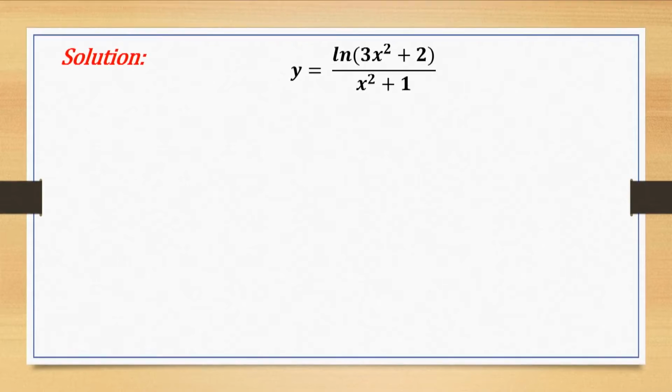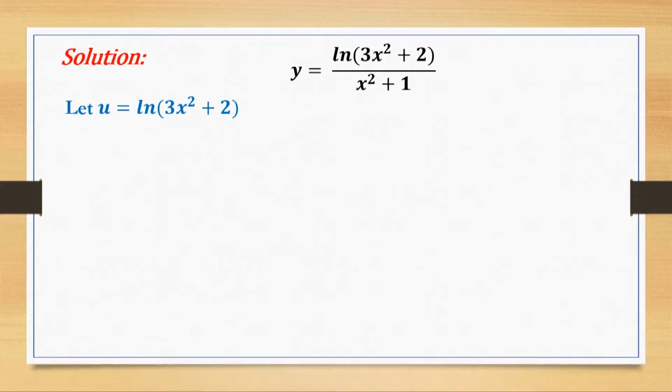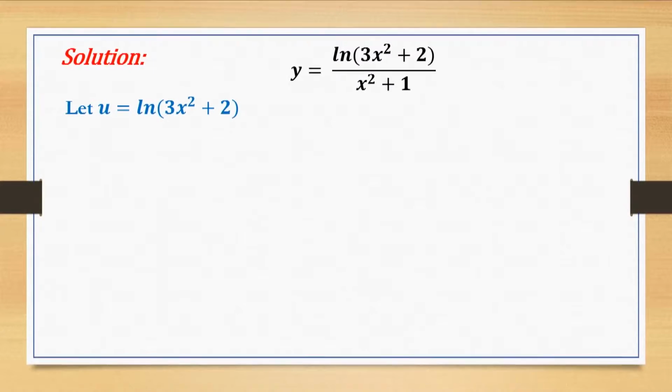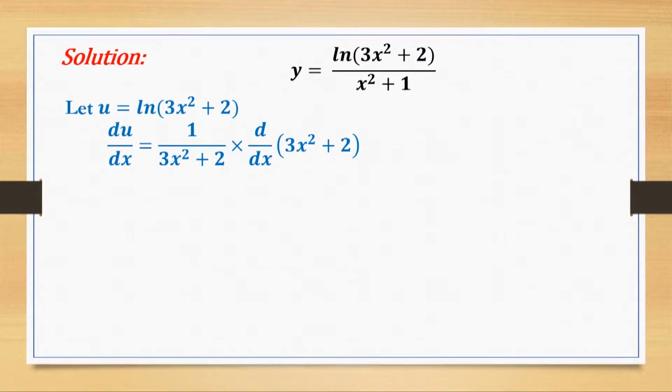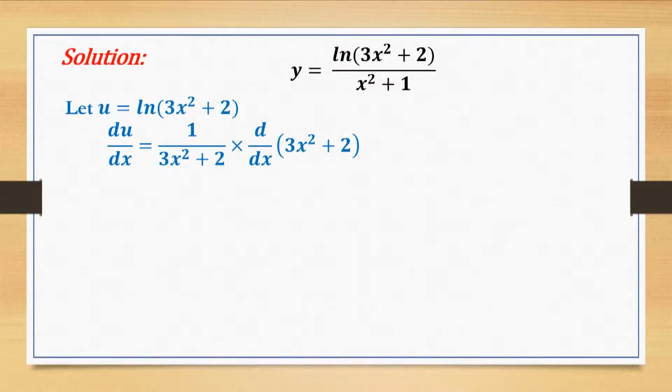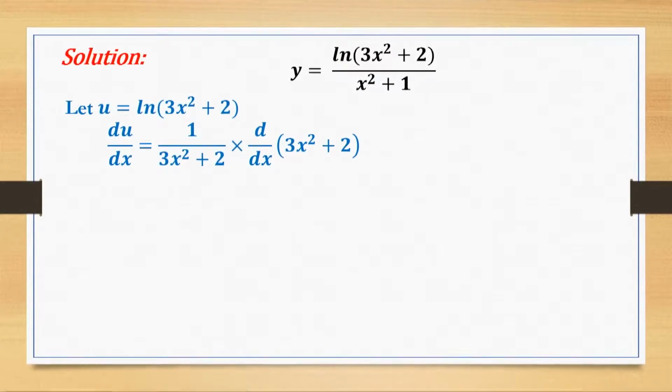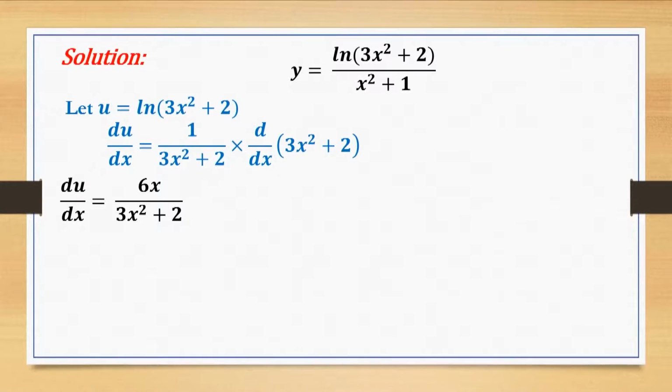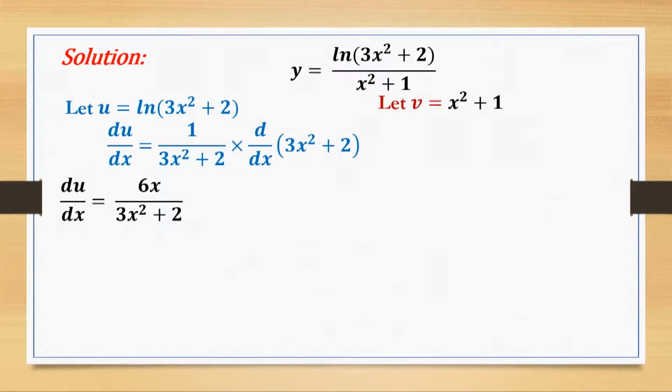So let u be equal to ln of (3x squared plus 2). Du by dx will be 1 over the function times the derivative of the bracket, that is du by dx equal to 6x over 3x squared plus 2. Let v be equal to the denominator, x squared plus 1. dv by dx will be equal to 2x.